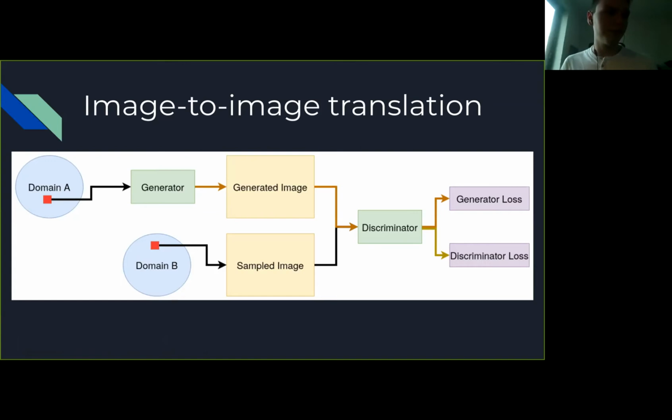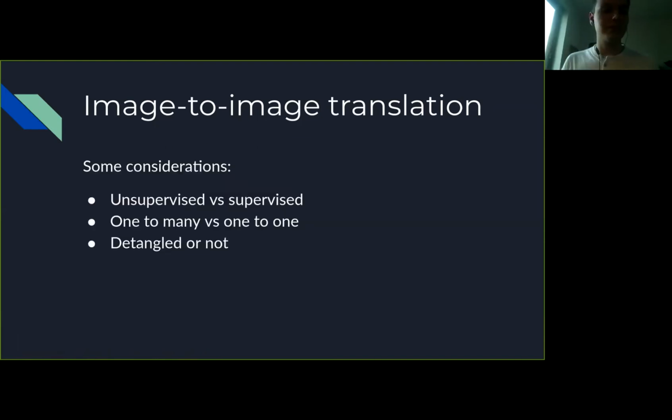But if you happen to have a paired data set, it's very nice. An example of this is sketches of shoes and actual shoes, and there has been research into making the transformation, and that works quite nicely.